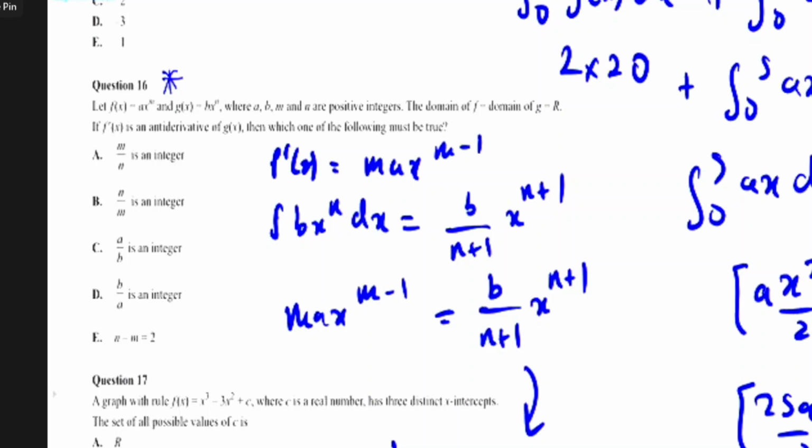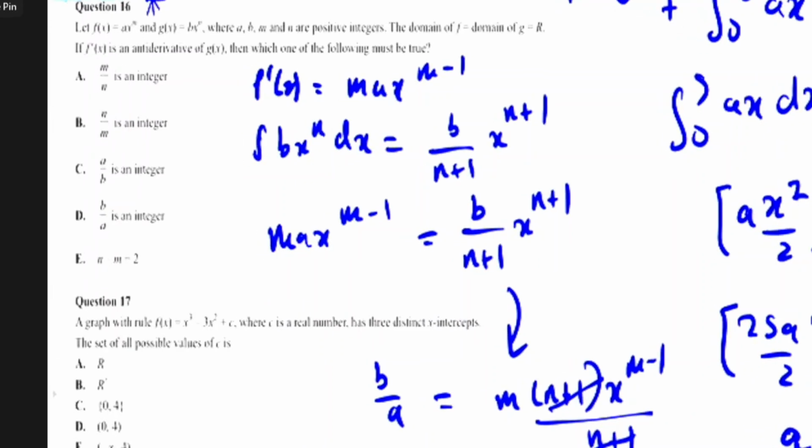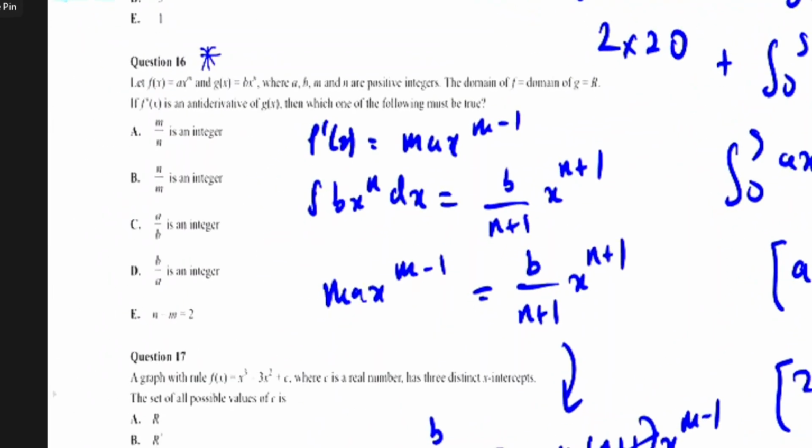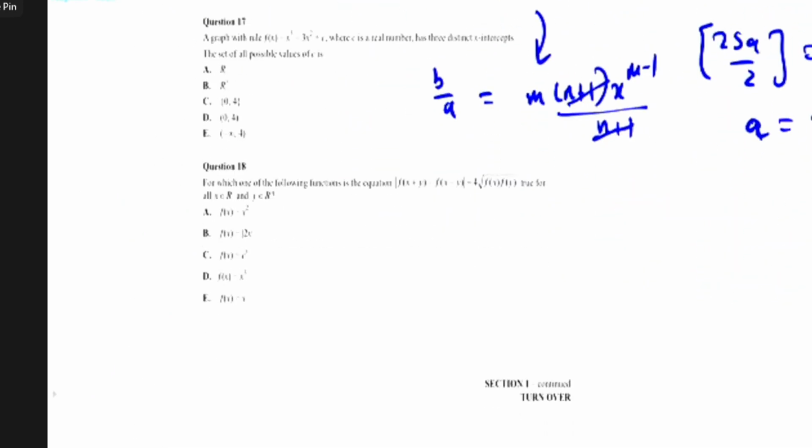B divided by a is equal to m times (n+1) x^(m-1) over (n+1). N plus 1 cancels. M is an integer, so that means therefore b divided by a is an integer. If you sub in a random value, you'll get that b divided by a is an integer.